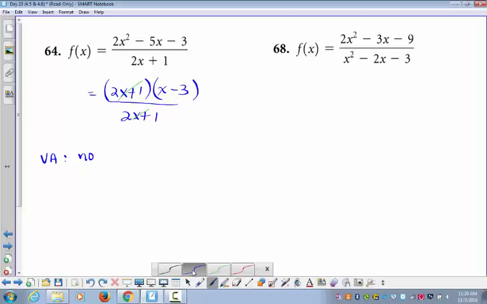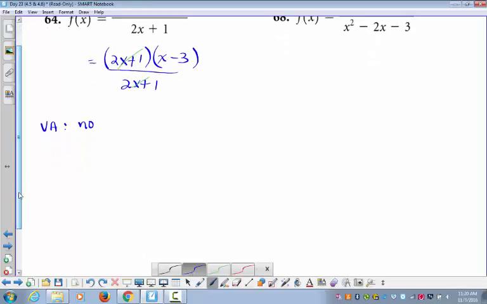When we do this division, we get just x minus 3. It's more of a philosophical thing. Do you consider it an asymptote when it simplifies like this? We don't really care. We'll just call it an asymptote.